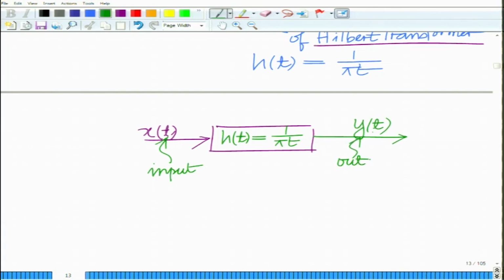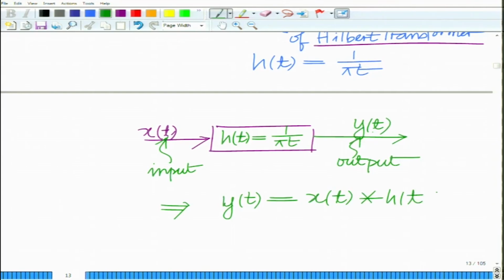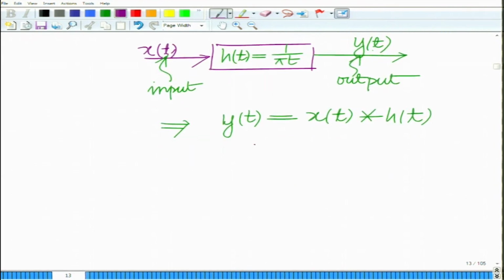Remember, y of t equals x of t convolved with h of t.